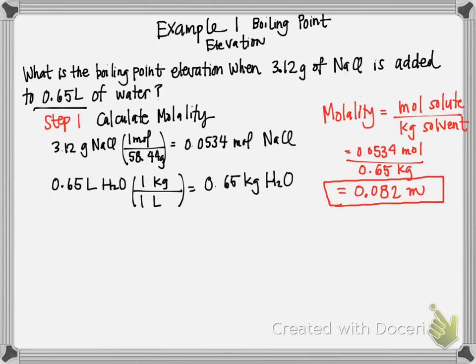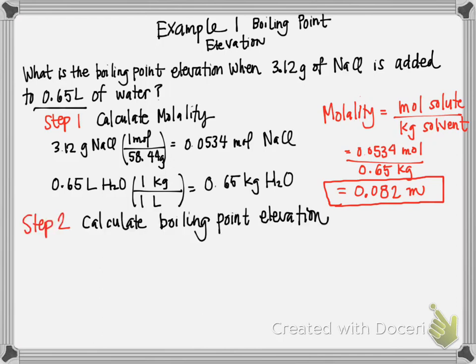So, step 2, calculate the boiling point elevation. Now we have enough information to plug all of our numbers into our formula. The change in temperature equals i times molality times the Kb. And remember from the previous slide that the Kb of water was 0.512.